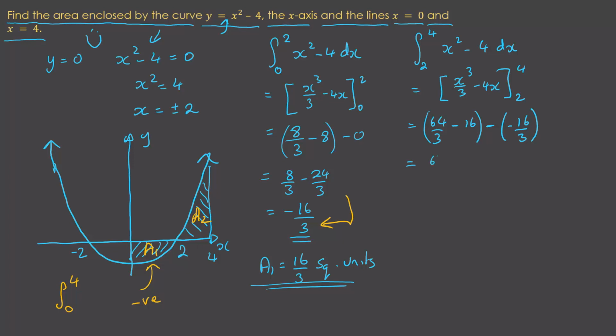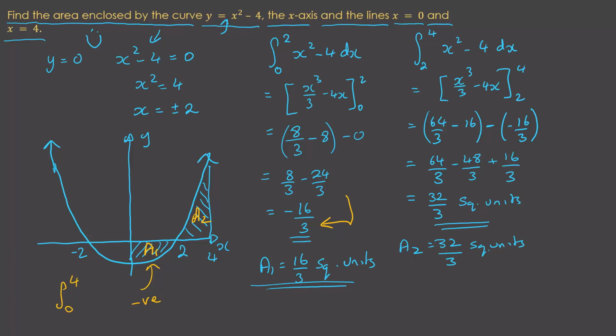So we've got 64 over 3 take away 48 over 3, plus 16 over 3, which gives me 32 over 3 square units. And that means, of course, that A2 is 32 over 3 square units.